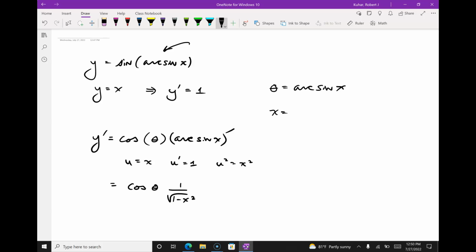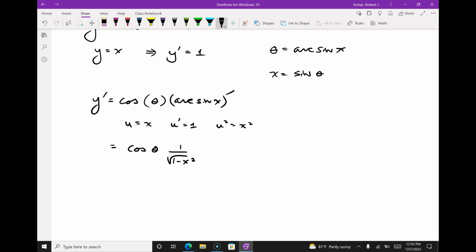But what is x? If theta is the arcsine of x, what is x? Yes, but that's sine, right? That's sine of theta, yes?